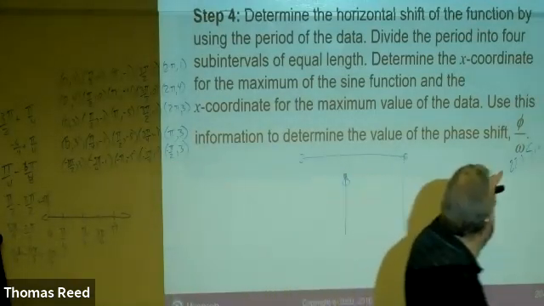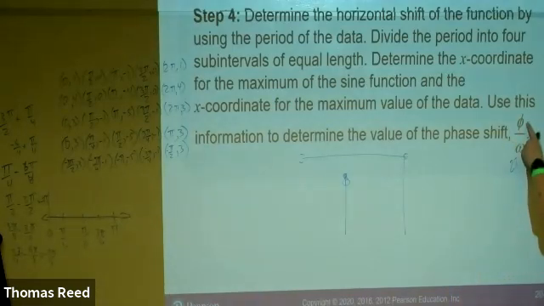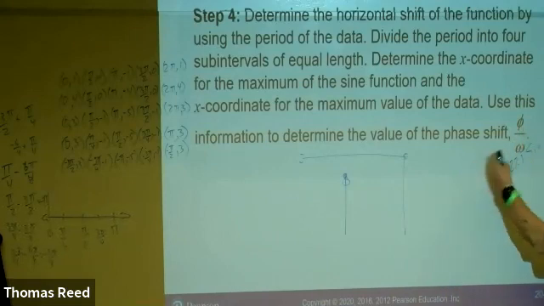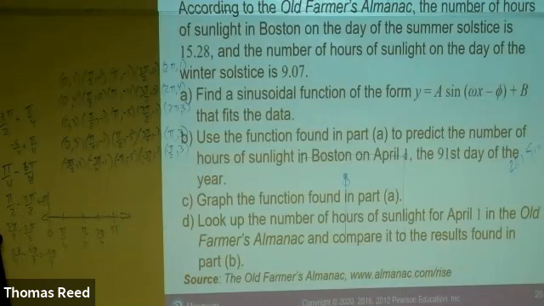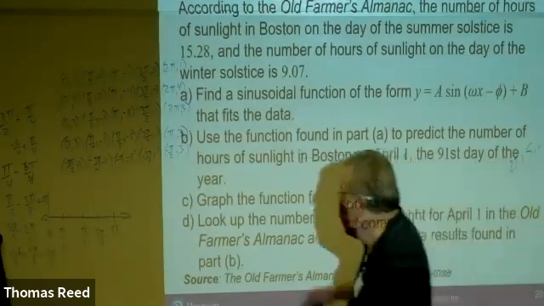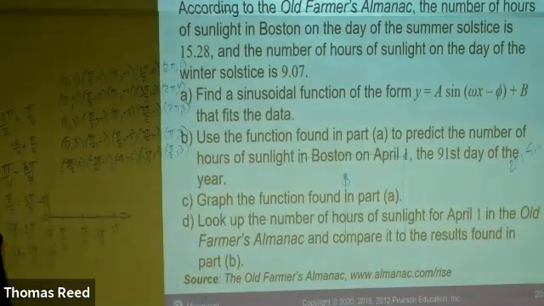And then you determine what your phase shift is, like P over omega, and you shift those values to the left or the right, depending upon what it is. We're done. We'll get to this next time. And I'll decide if we want to continue on with it.